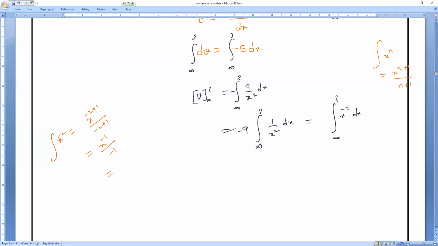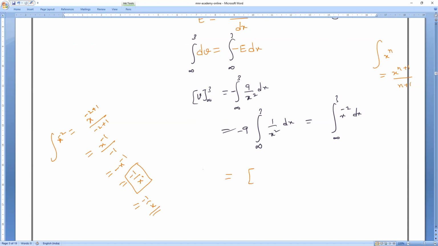This minus will go up, so it is minus 1 divided by x power 1, equal to minus 1 by x. Is it okay, brothers? Clear, everybody?